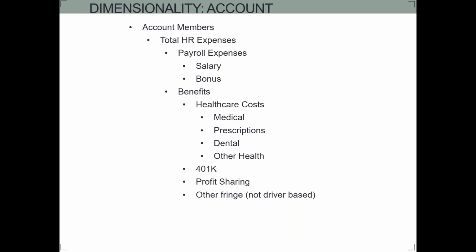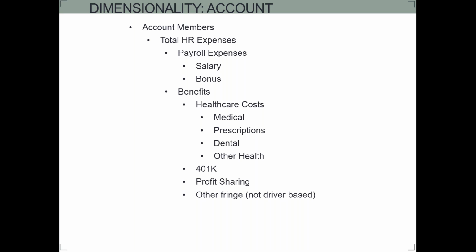Doesn't matter what your pay rate is, your healthcare costs are probably going to be flat. They're not going to be driven by what your salary is. It's going to be like a tax would be. It's just going to be driven by: are you a full-time employee? Are full-time employees eligible for a benefit? What's the expense for the company for that benefit? And we have some granularity there.